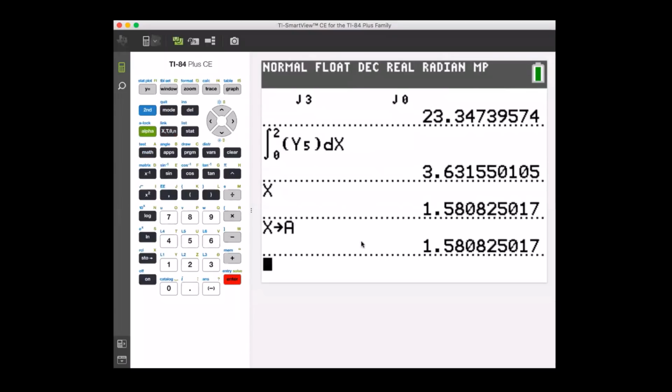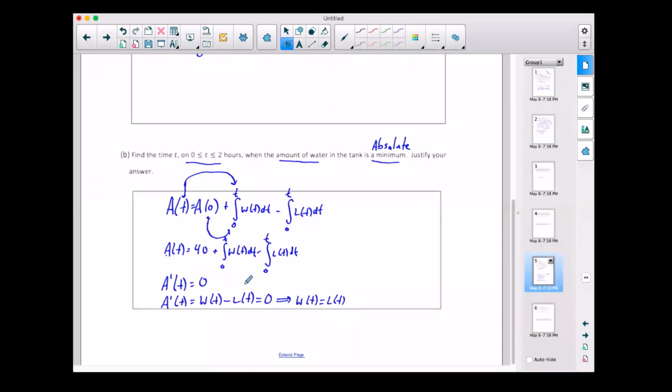And then what that did was it took this number, and now it's forever stored in the space of A. The reason why I did that is because if we go back to our problem, I know that my A value, what I just found, is going to be equal to 1.580825. What that's going to do is make my life easier a couple of ways. One, on my calculator, I can always just call it A and it'll come up. And B, when we're writing our calculations, we don't have to write that long decimal down every time. We can just call it A from here on out, as long as I declare it as A.